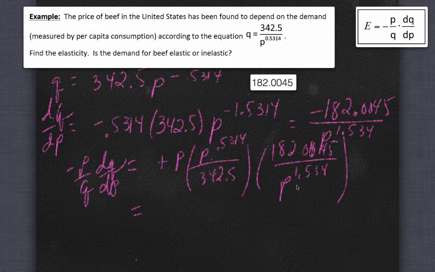Down here I have P to the 1.534. So these actually all cancel. And this I got from multiplying these two values. So this is 0.5314, which is less than 1. So because it's less than 1, it is inelastic. And so ends this unit.